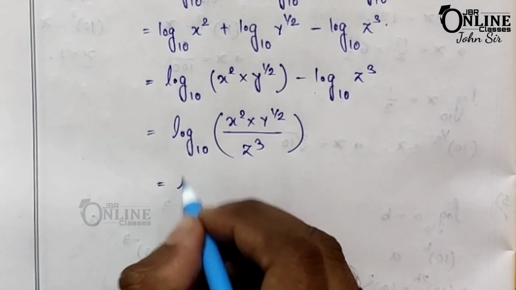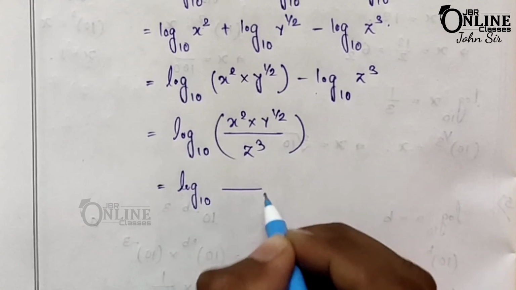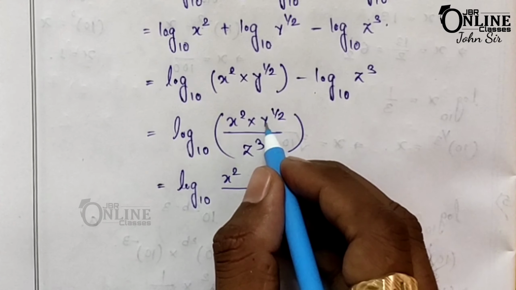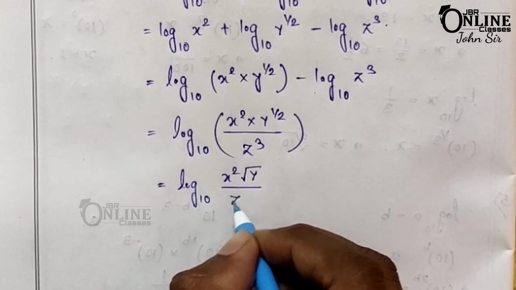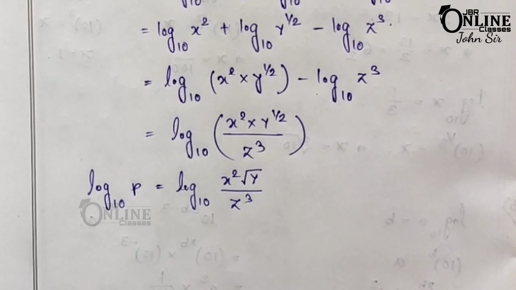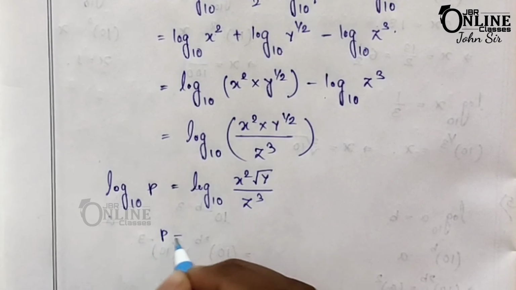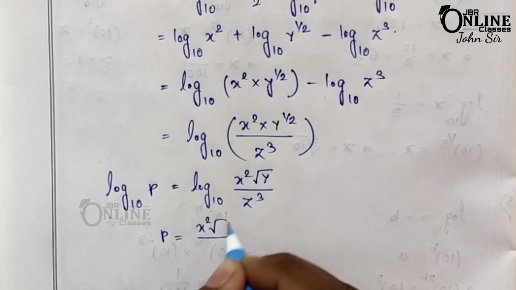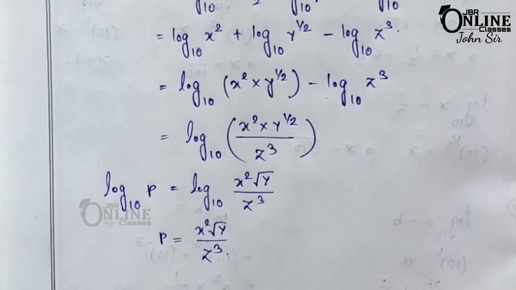Clear? So log 10, x square, y to the power half means root over y, by z cube. On the left hand side you have log 10 p. So finally you can write p equal to x square root y by z cube.